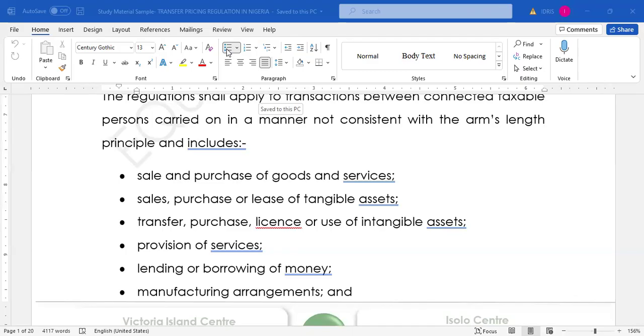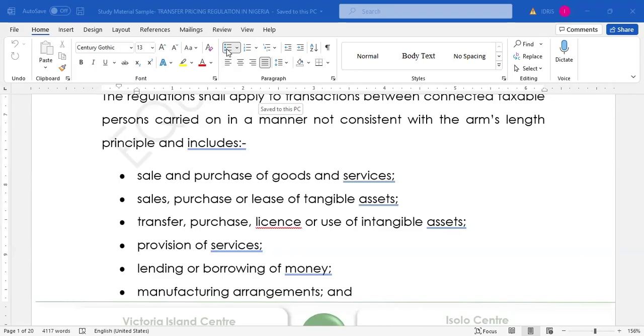So it is a form of transfer pricing. Provision of services: one company may provide service to another company. Lending or borrowing of money: one company may borrow money from another company within the same group, and it will charge interest on that loan. That interest charge is a transfer pricing.